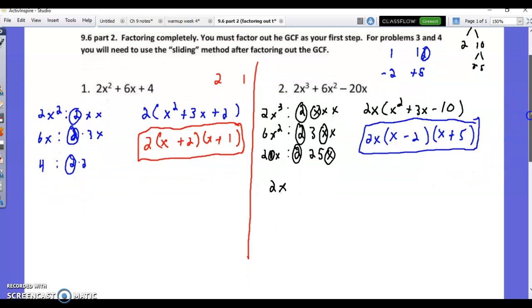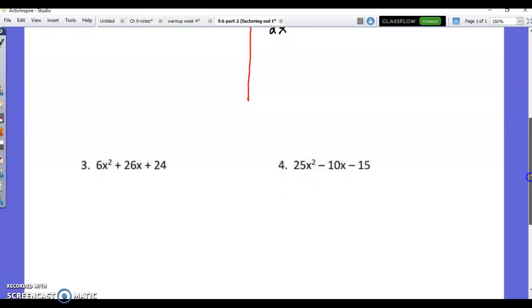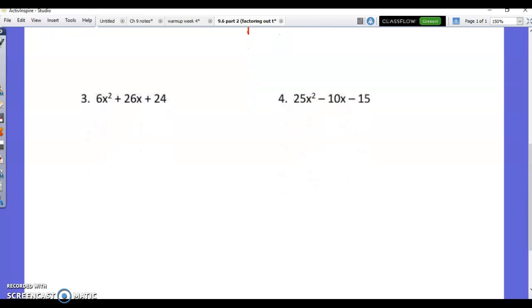Okay, so now these next two are a little bit more involved because we're going to have to do the a times c when we do it. So when I'm here, I'm going to take out my GCF, 6x squared, 26x, 24.